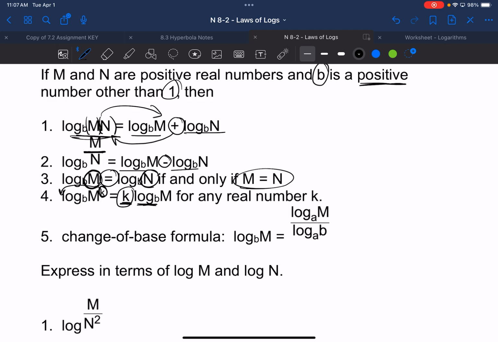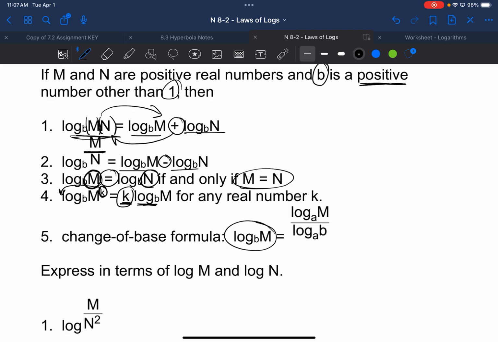Okay. And then our 5th and final rule we're going to talk about is the change of base formula. So you'll see later on in today's notes where this is useful. But it says if you have some normal logarithm, right, with some base b, you can change it to have any base you want. Of course, nothing negative because our bases can't be negative.